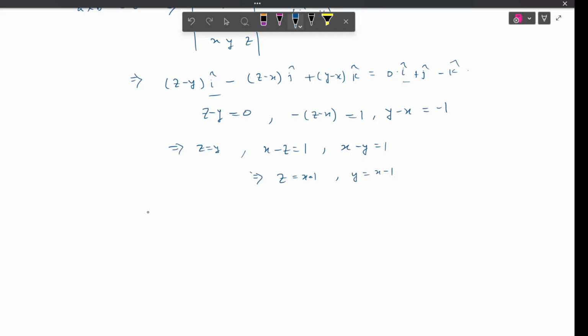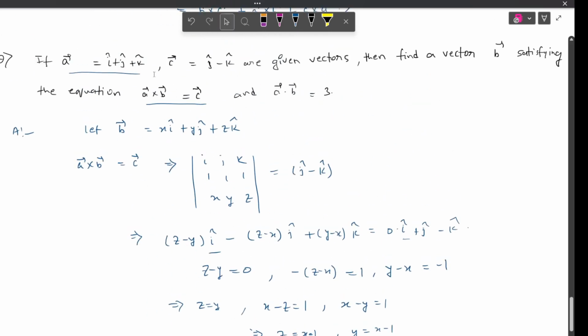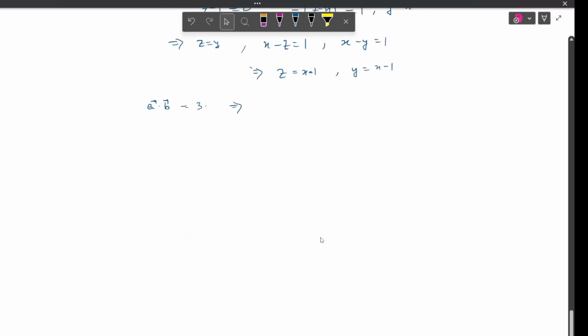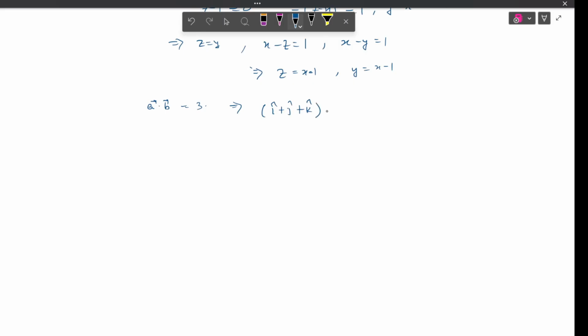So it is given that A dot B is 3, right? We know A vector is i plus j plus k, and B vector is x i cap, y j cap, z k cap. So it is i j k dot x i cap, y j cap, and z k cap, that is 3.